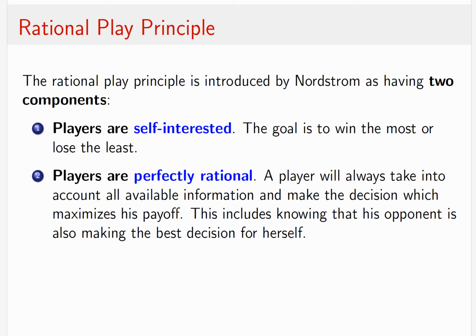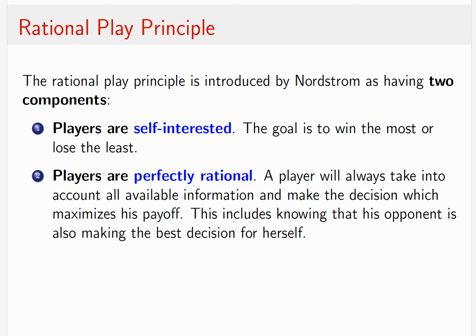The second piece of the rational play principle is that the players are perfectly rational. So we're assuming that they can do the mathematics involved in the game, they can understand the logic, they will make the precise best move at any given time they have to act.